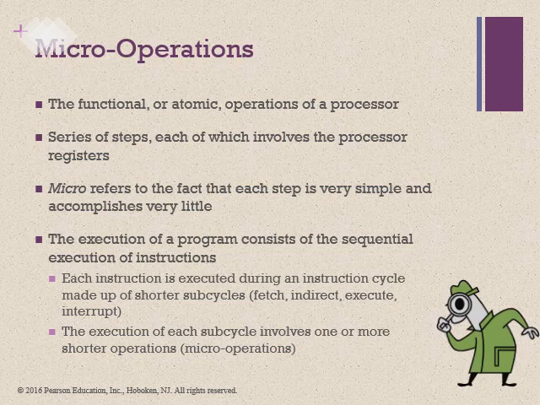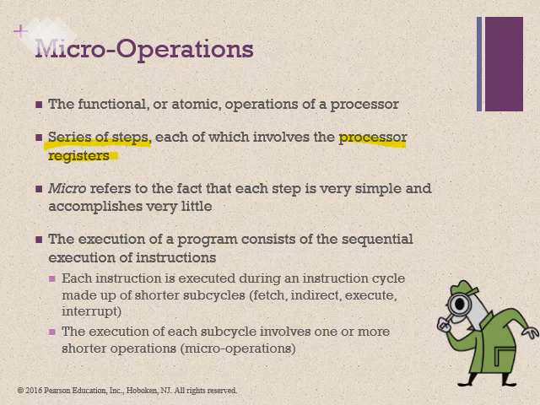In fact, we have seen that each of the smaller cycles involve a series of steps, each of which involves the processor registers. Remember our right to left micro-operations, the symbol? So we have T1 and T2, PC plus 1 goes to PC.